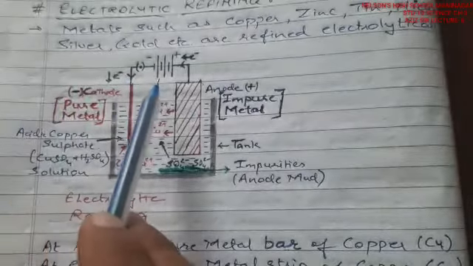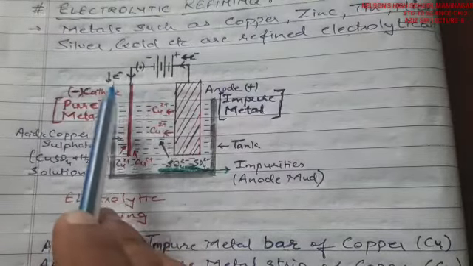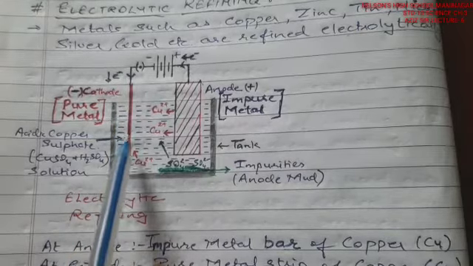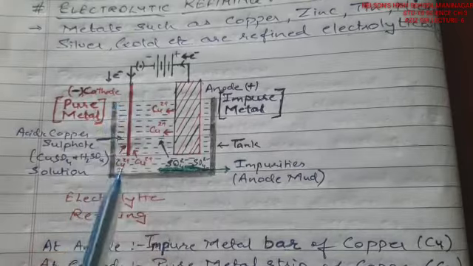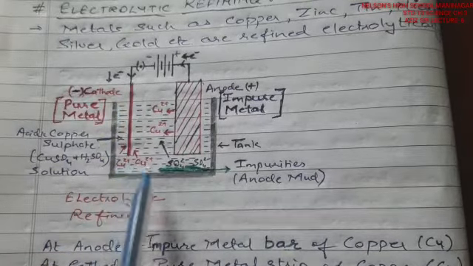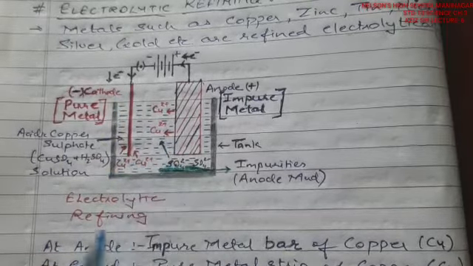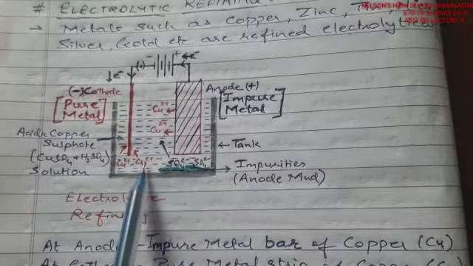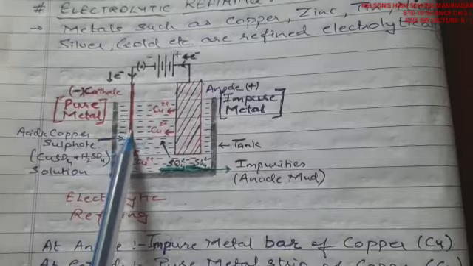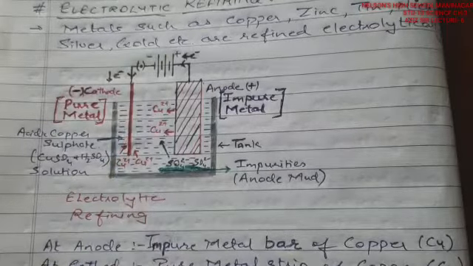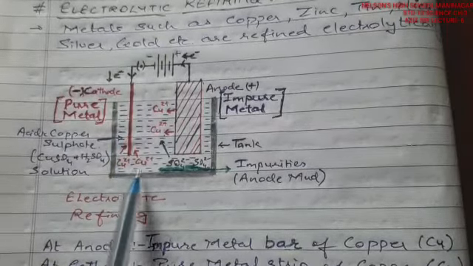From the negative terminal the electrons pass towards the pure metal strip, known as the cathode, because it is negatively charged as the electrons come here. From the solution of copper sulfate, CuSO4, Cu2+ ions accumulate here by taking electrons from the cathode, so the sulfate ions get free.